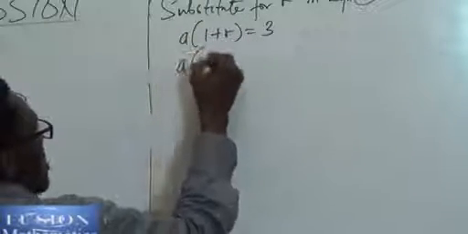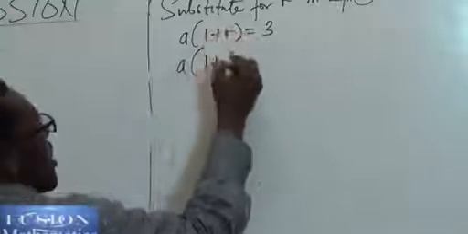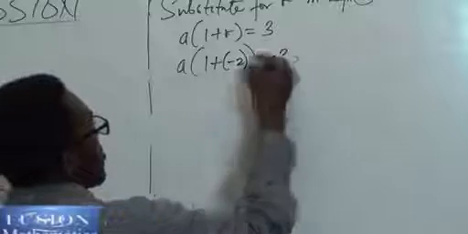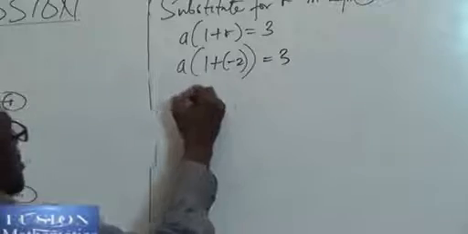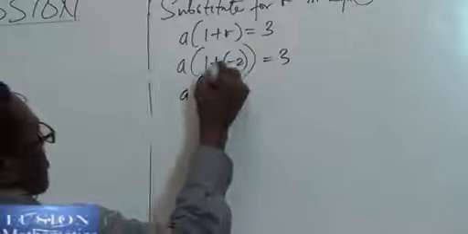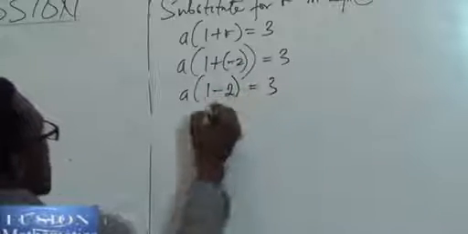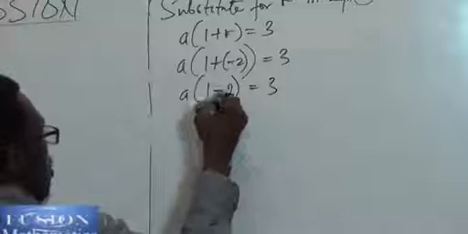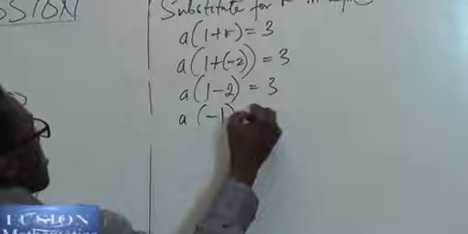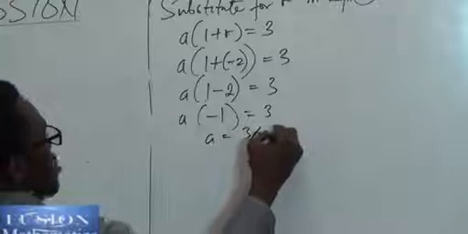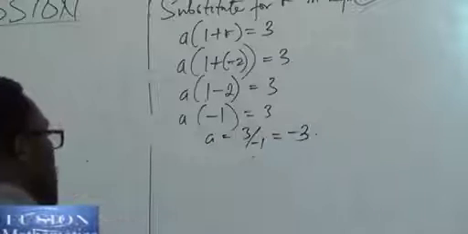So that will be A bracket 1 plus, instead of R, minus 2, close the bracket, equals 3. Open the bracket in here. So we have A bracket 1 plus times minus is minus 2 equals 3. 1 minus 2 is minus 1, equals 3. So A is equal to 3 all over minus 1, which is minus 3.